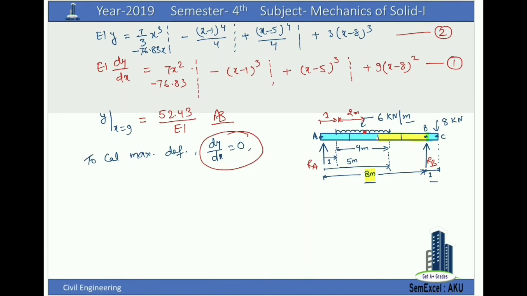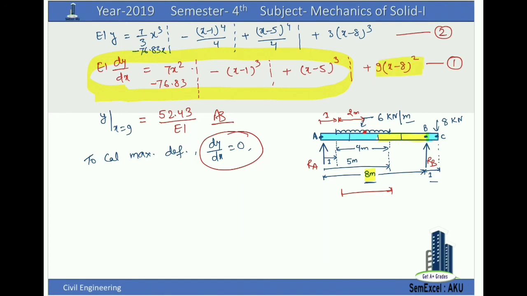First we will assume, let's say, the maximum deflection occurs between x is equal to 1 and x is equal to 5. So we have to take this expression up to this point, because if we put x is equal to 5 in this expression, it will be negative, so we don't have to take that.